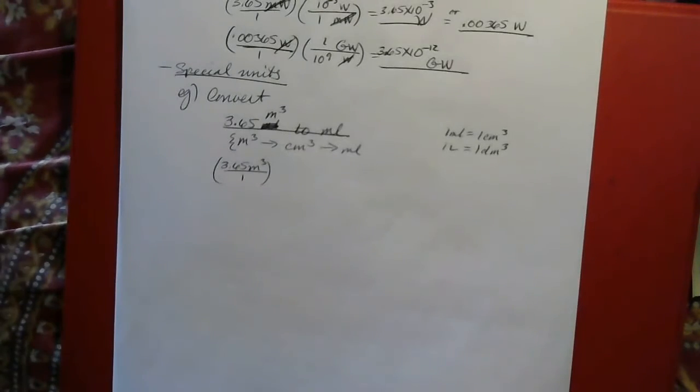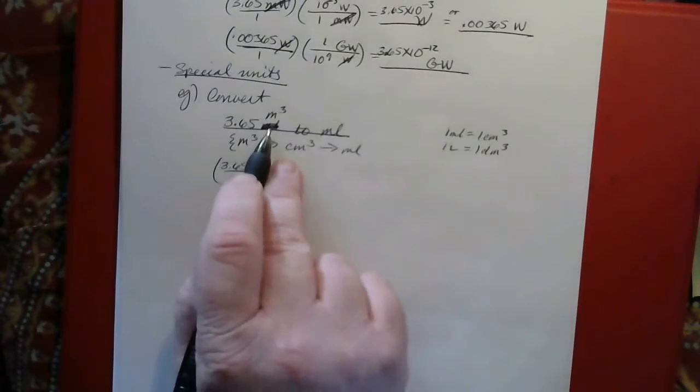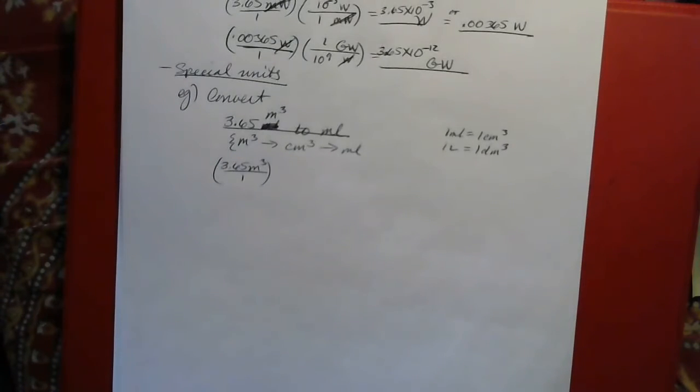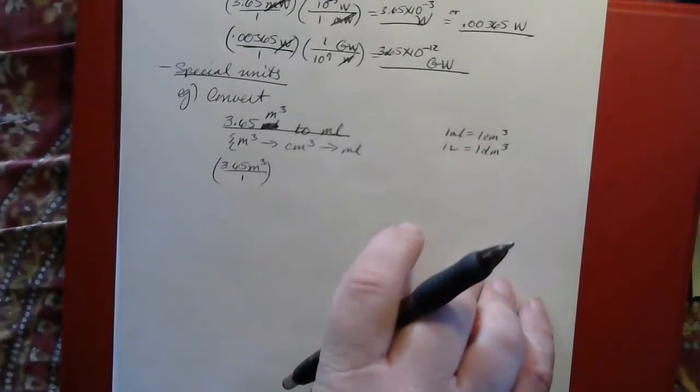Off the top of my head, I don't know how many cubic centimeters there are in a cubic meter. Actually, I do, but let's pretend I don't. What we can do instead is ask how many centimeters are there in a meter? That I know, or that I can look up, and we can then worry about what to do about the fact that it's raised to the third power.